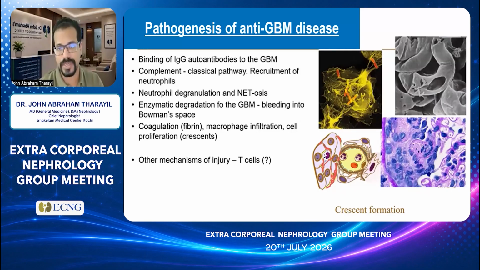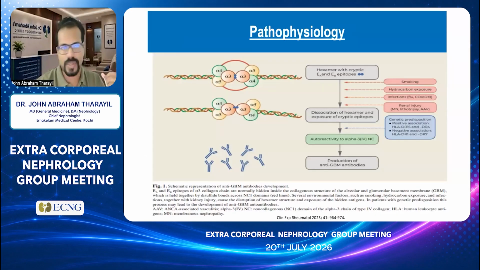Coming to the pathophysiology, type 4 collagen is made of 6 alpha chains. The alpha 3, 4, 5 protomer is involved among these. This hexamer has cryptic EA and EB epitopes, as shown here. Normally these epitopes are hidden inside the collagenous structure of the alveoli and the GBM, which is held together by disulfide bonds across the NC1 domains.